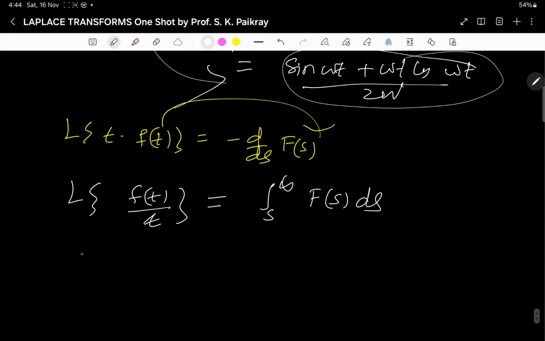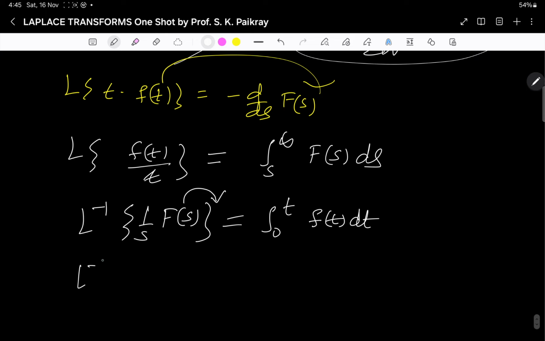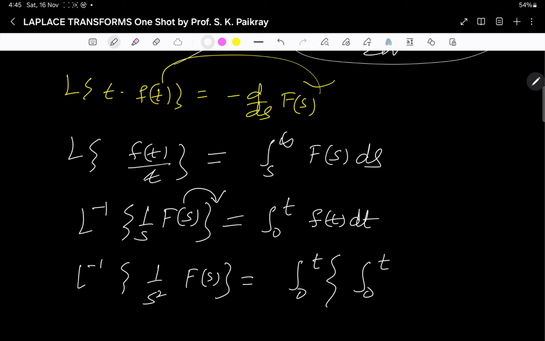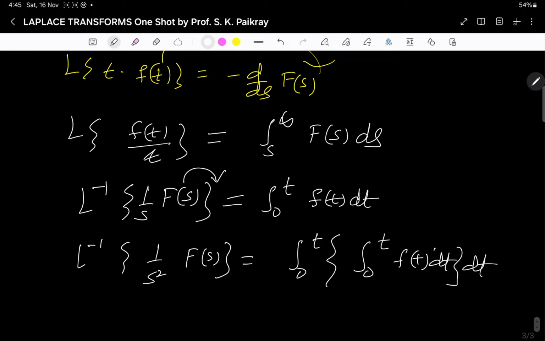And similarly, if it is divided by s, it leads to L inverse of (1/s) F(s), and the inverse will come from the integral 0 to t of f(t) dt. Similarly, if F(s) is divided by s², we need to integrate it twice, isn't it? 0 to t, then whatever you get for 1/s, f(t) dt. So likewise you move. Now with this knowledge we can approach the problems.